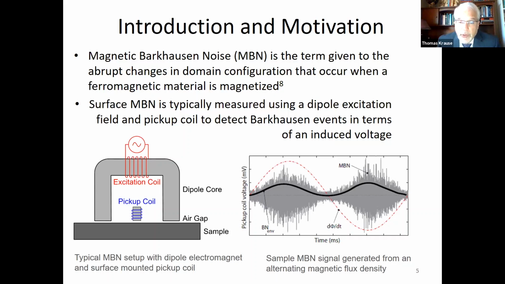We can do various things to analyze that signal, including integrating the voltage squared signal with respect to time, that is, giving us an energy signal. Normally an RMS voltage is taken, and of course the square of the RMS voltage would be proportional to the energy signal. I've also shown there the Barkhausen noise envelope, which some other investigators also use. The dphi/dt, of course, is the time rate of change of the field.